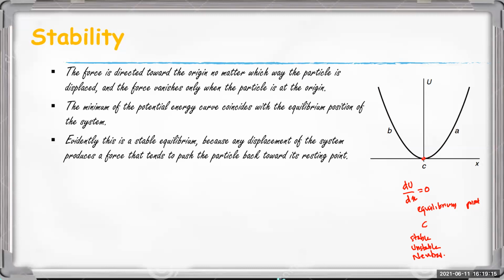If we displace the swing backward, then after releasing, it will move forward.